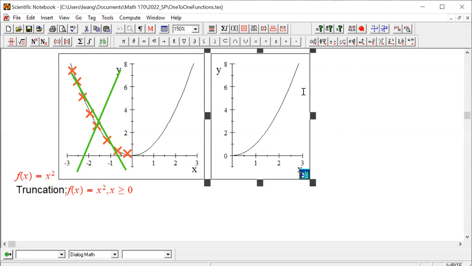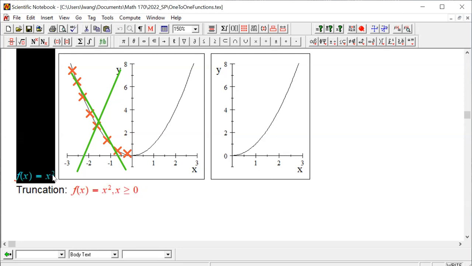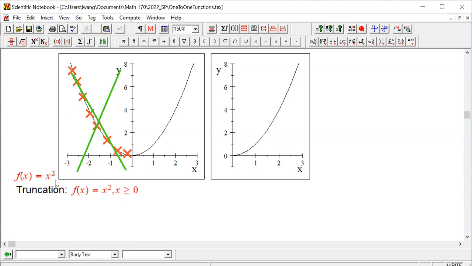So this function then passes the horizontal line test. Remember, this new function is different from the earlier function. They have different graphs. Why are they different? Well, they have different domains.